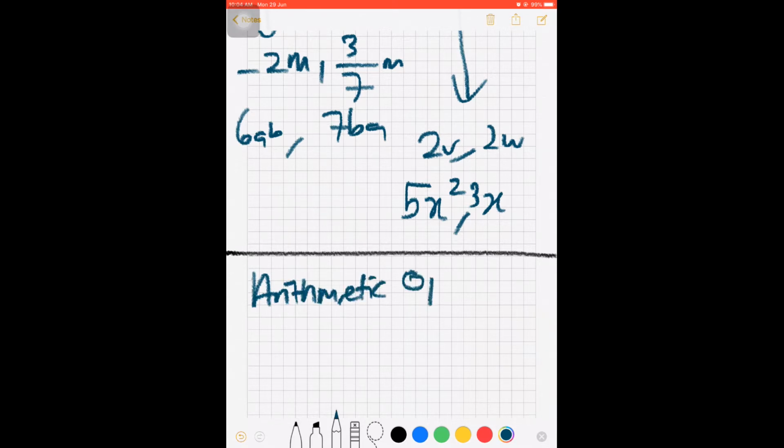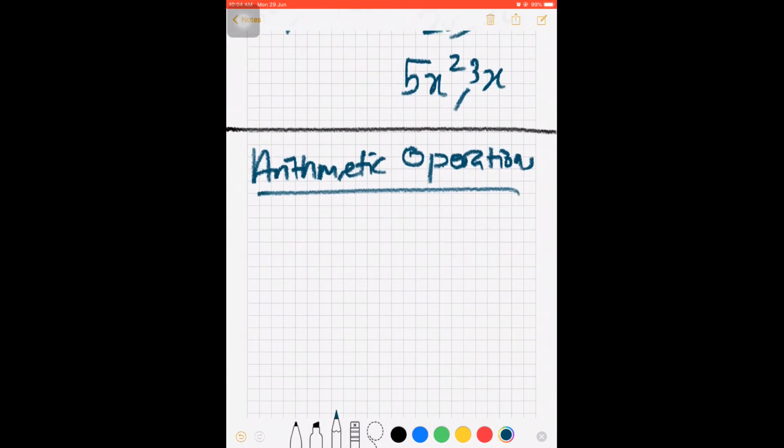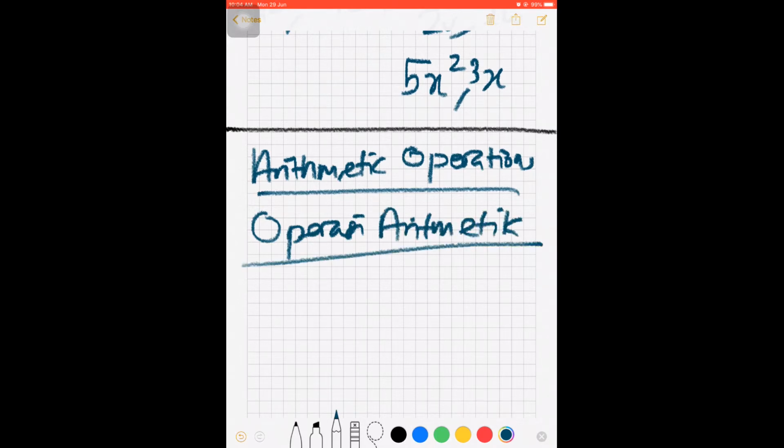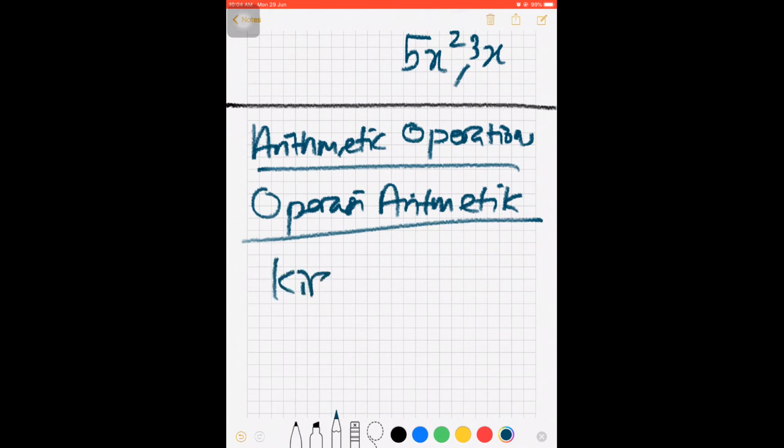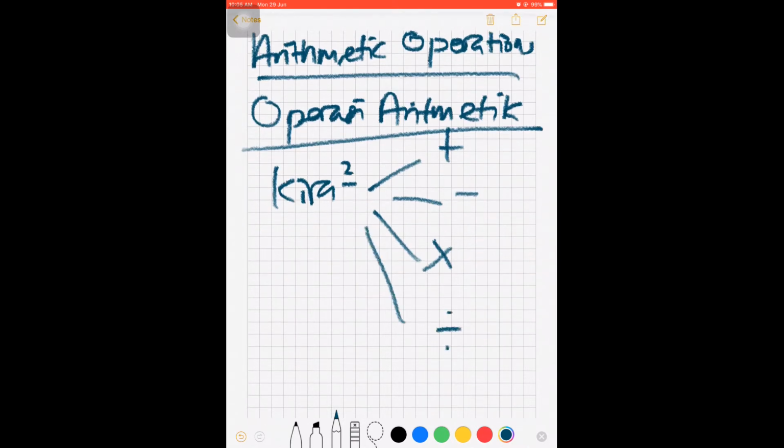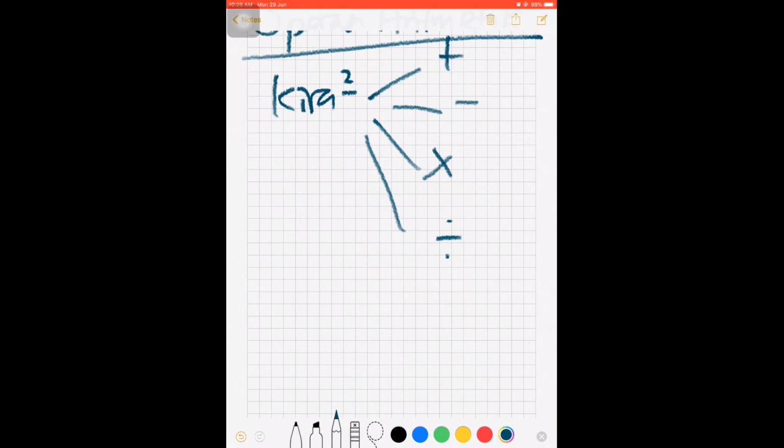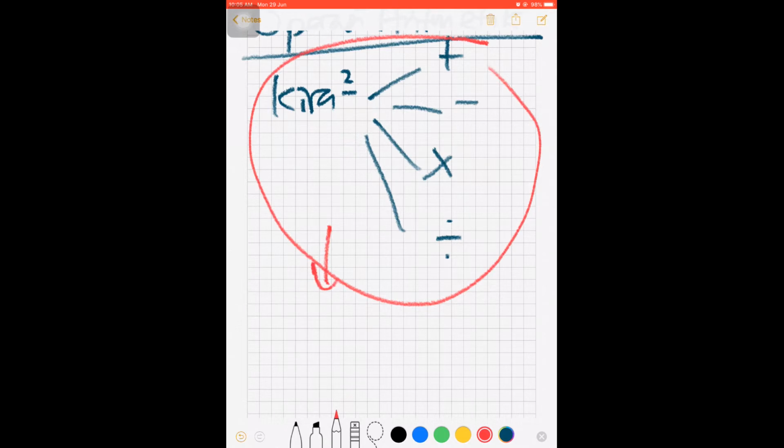Operasi aritmetik. Basically, apa maksud ni, kita buat kira-kira lah. Today we're going to learn how to plus, minus, times and divide when it comes to variables. How to kira-kira when it comes to algebra, basically kalau dia ada variables lah.